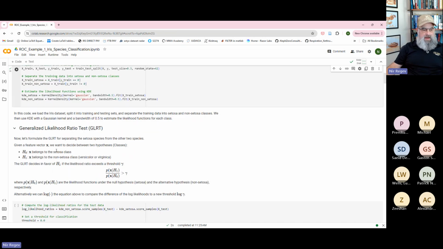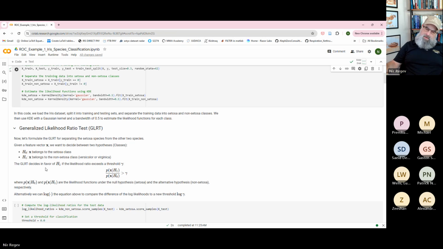What is the generalized likelihood ratio test? We define two hypotheses. One, H naught, the null hypothesis, is that X, the measurement or the feature vector, belongs to the setosa class. And the other, the alternative hypothesis, H sub 1, is that X belongs to the non-setosa class, versicolor or virginica.